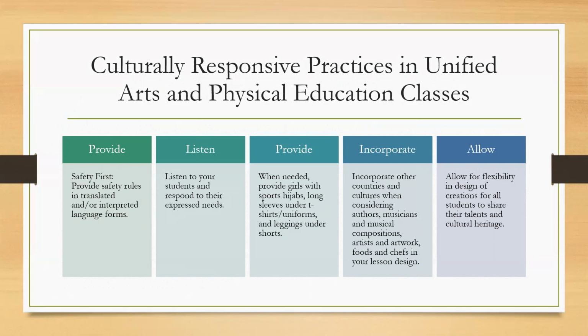Also share these rules with the family so the families can review them with the students, or have an interpreter verbally go through these safety rules, particularly in these classes where you are using different types of machinery that could be a safety issue for students.